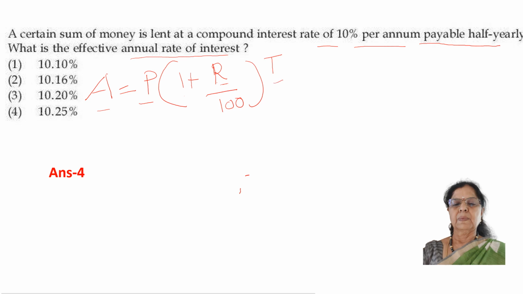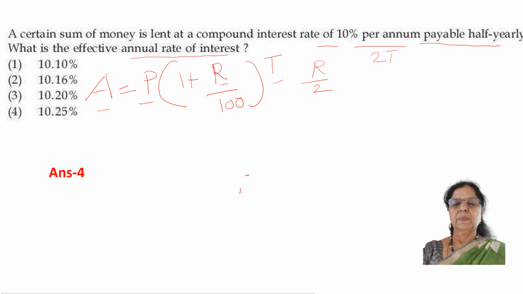T is the time, and here it is payable half yearly. That means the R will become R by 2, because you are going to get interest twice a year. So R by 2, and the time also will become 2T. 1 year means 2 times.